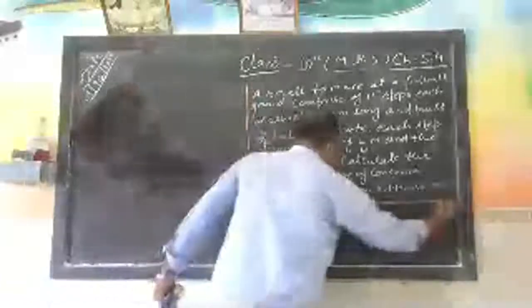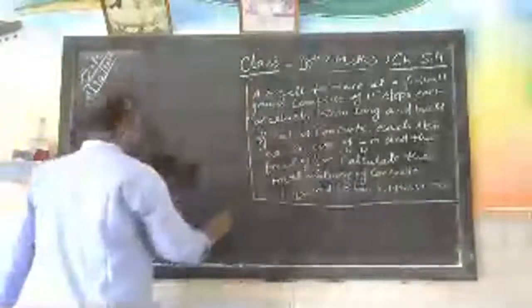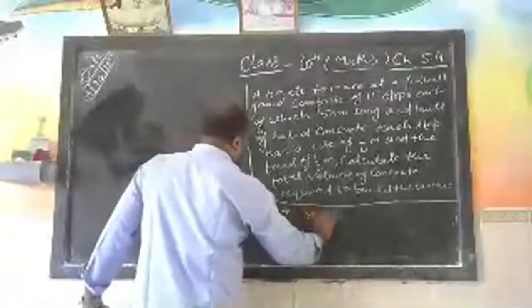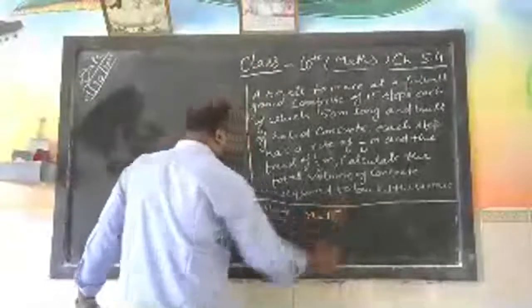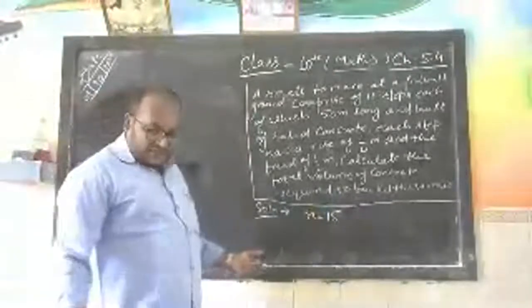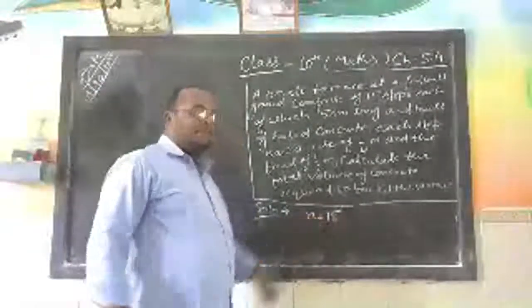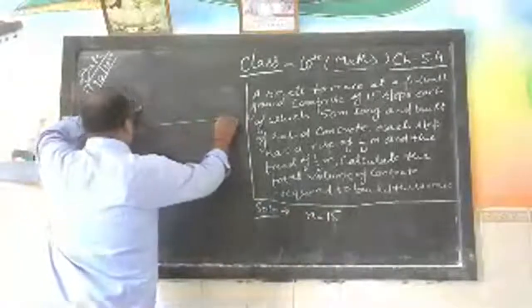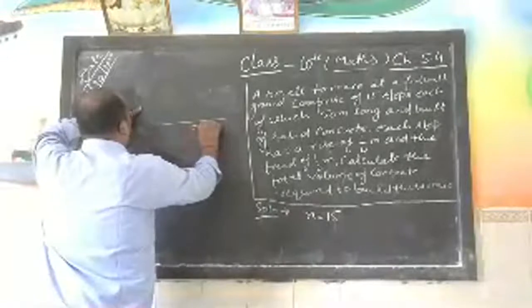This is your part of the question. On solving it, n is given here as 15. The total number of steps is 15, and the total length is given as 50 meter.